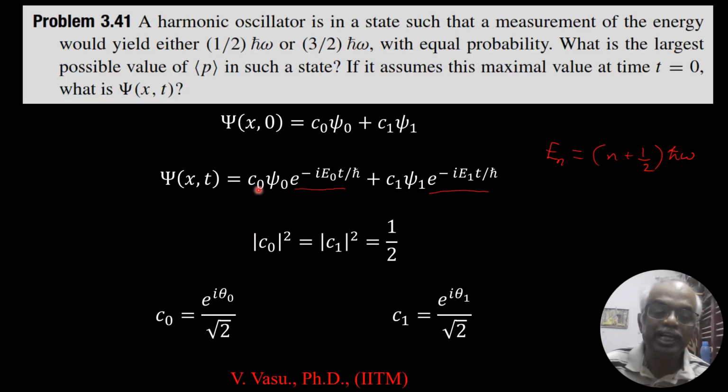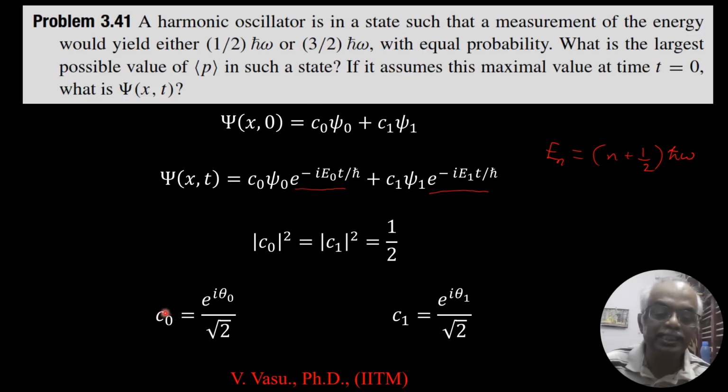Here both have equal probability, that is, |c0|² equals |c1|², which is equal to half, because both have equal probability.